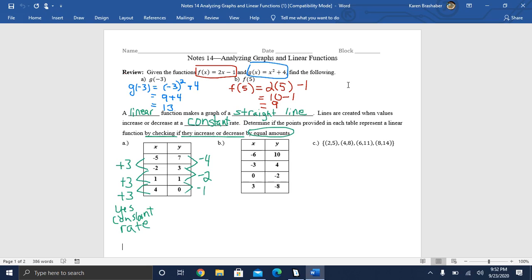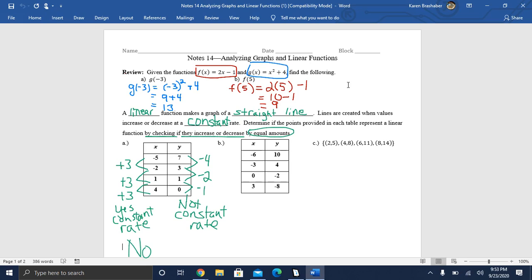And since our x's remained at a constant rate, but our y's did not, so this is not a constant rate of change, then this first function is not linear. And that means that if we were to graph this function, it would not graph as a line. So this one is not linear.